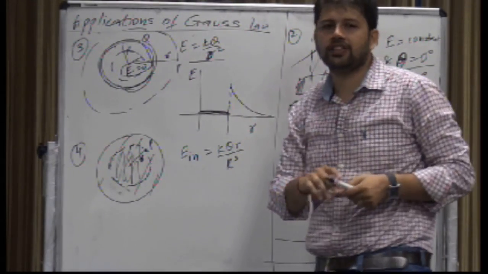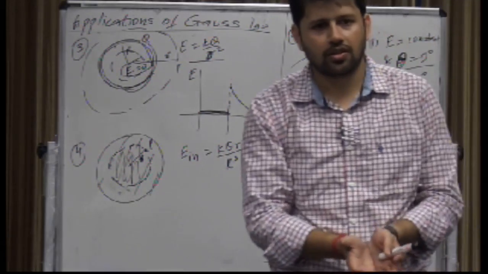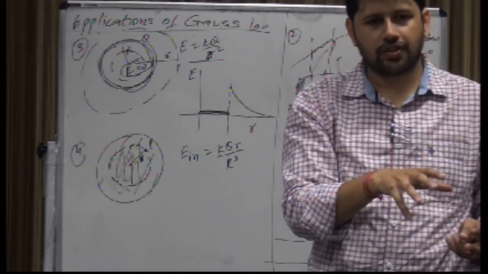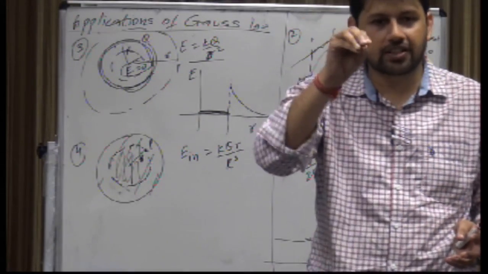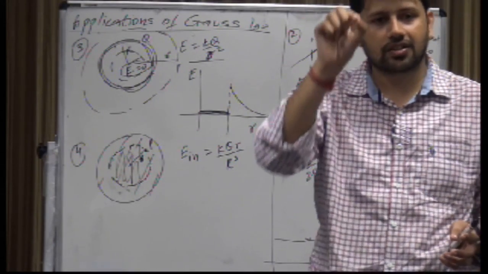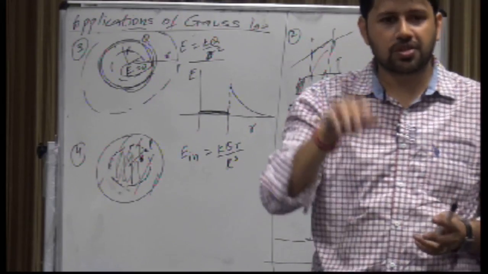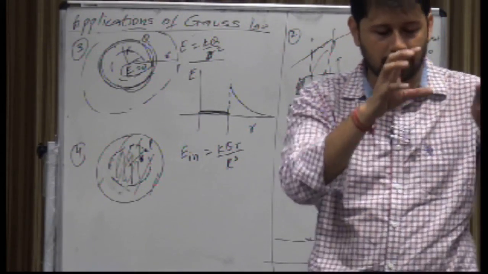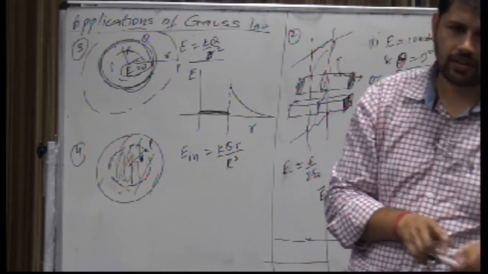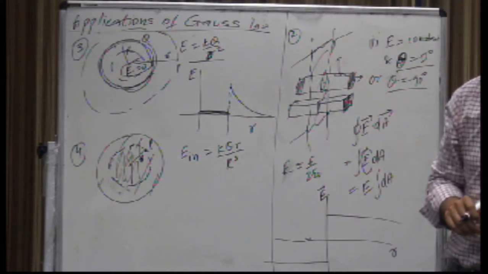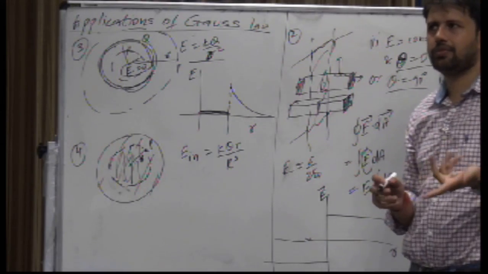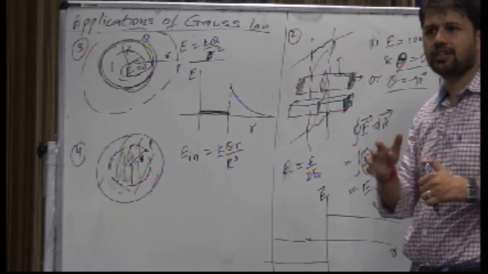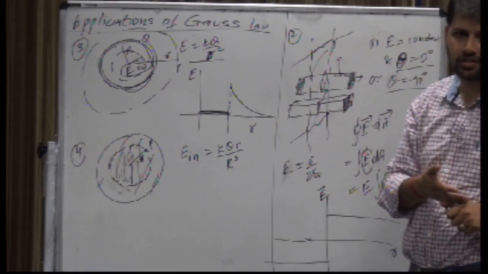Look, actually this is a solid sphere. Whole of it is filled with charge. So you draw a Gaussian surface. P is any point. It's not a charged particle. It's any point where you want to check the field. So we only consider the charge inside.